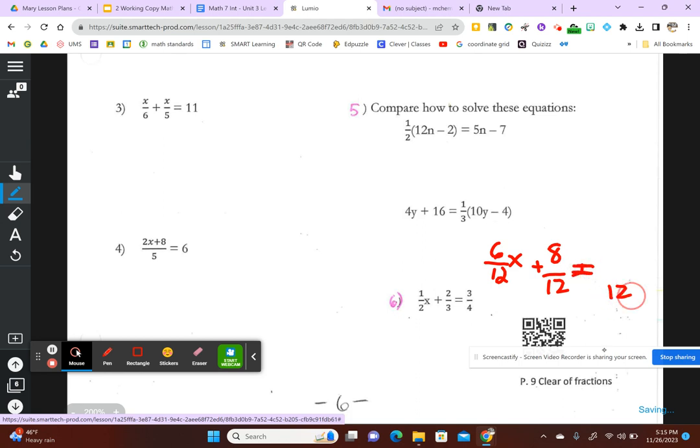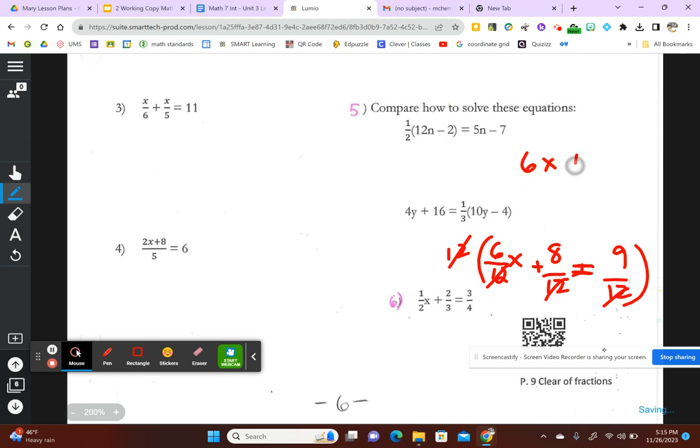And 3/4 becomes 9/12. I multiply both sides by 12, getting rid of all of them. I get 6x plus 8 equals 9. Subtract 8, subtract 8. 6x equals 1. Divide by 6, divide by 6. And this answer is x equals 1/6.